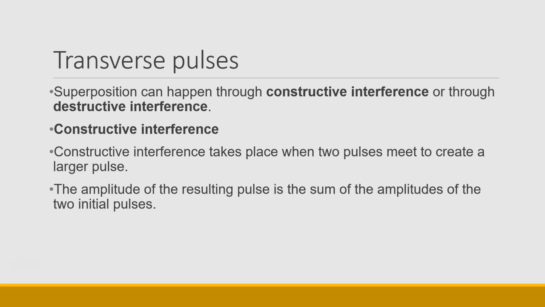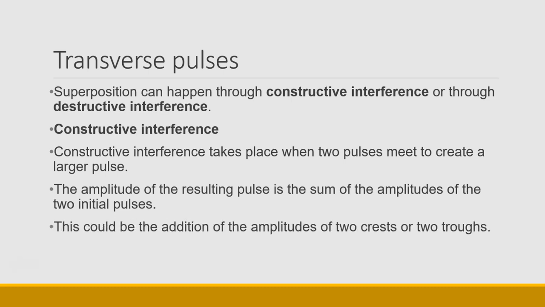And the amplitude of the resulting pulse is the sum of the amplitudes of the two initial pulses. And this could be the addition of either two crests or two troughs, because constructive interference results in a larger pulse, whether it is a larger crest or a larger trough.